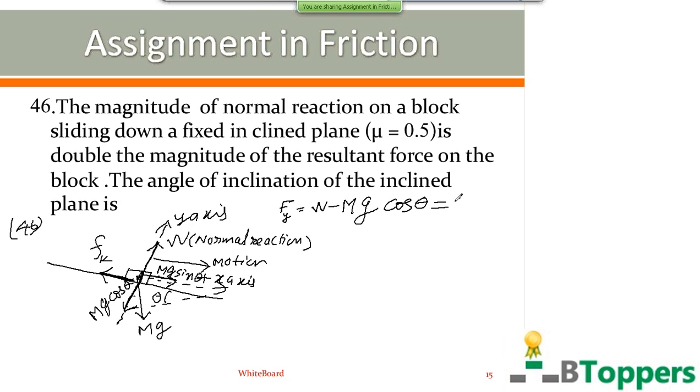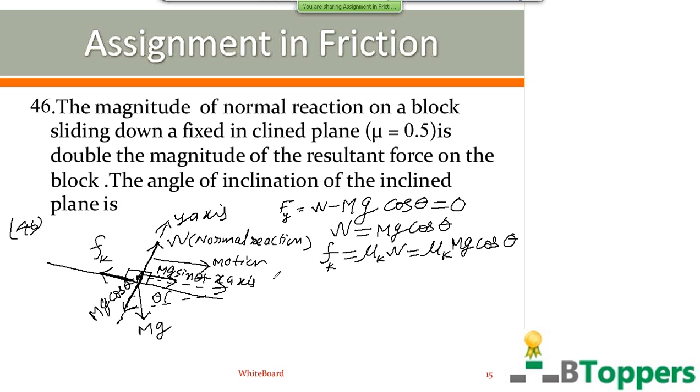But the block has no motion parallel to the y-axis, so there is no acceleration parallel to the y-axis. So Fy is 0. Therefore, the magnitude of normal reaction on the block by the inclined plane is equal to mg cos theta. The magnitude of the force of kinetic friction is denoted by Fk, which is given by mu k into N, equal to mu k into mg cos theta.